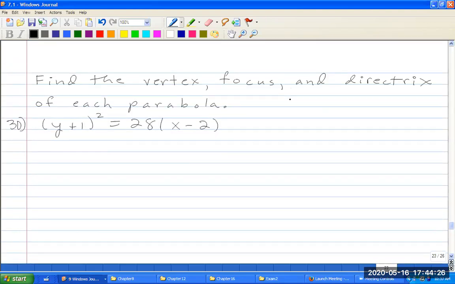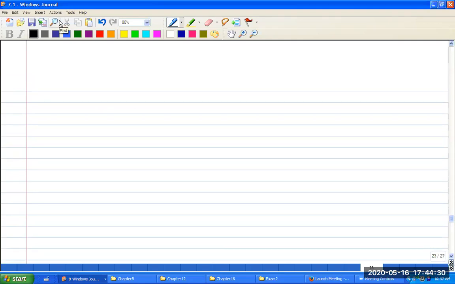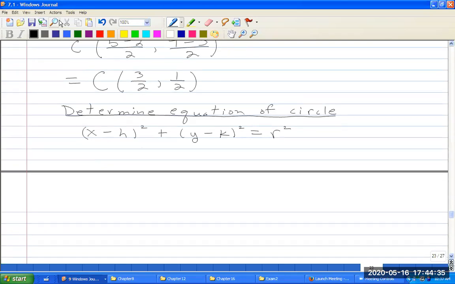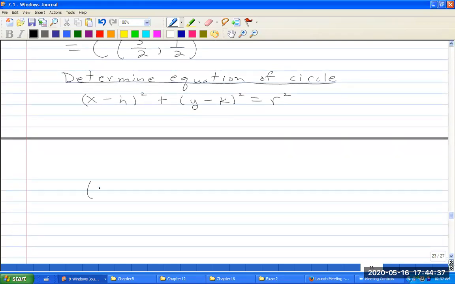Okay, so I know what the center of my circle is. So I have x minus 3/2 squared plus y minus 1/2 squared equals r squared. So now let's try to determine what r is.